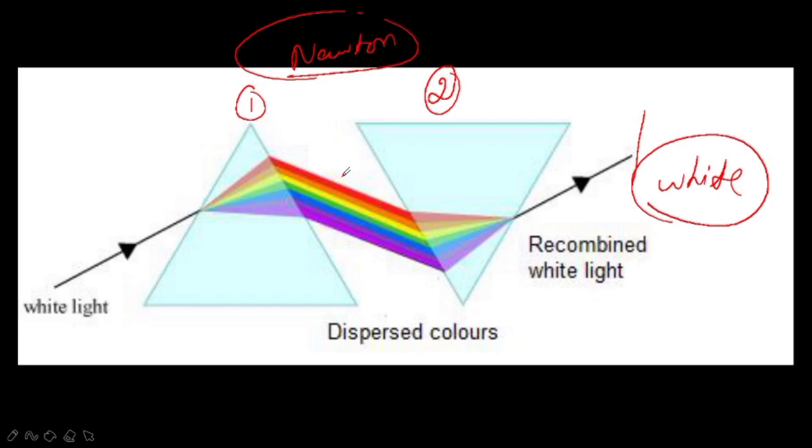And then if you look at these colors, always we will remember a situation, that is a rainbow, formation of rainbow. So when is the rainbow formed? As you all can answer this question, that is especially during rainy season, right?